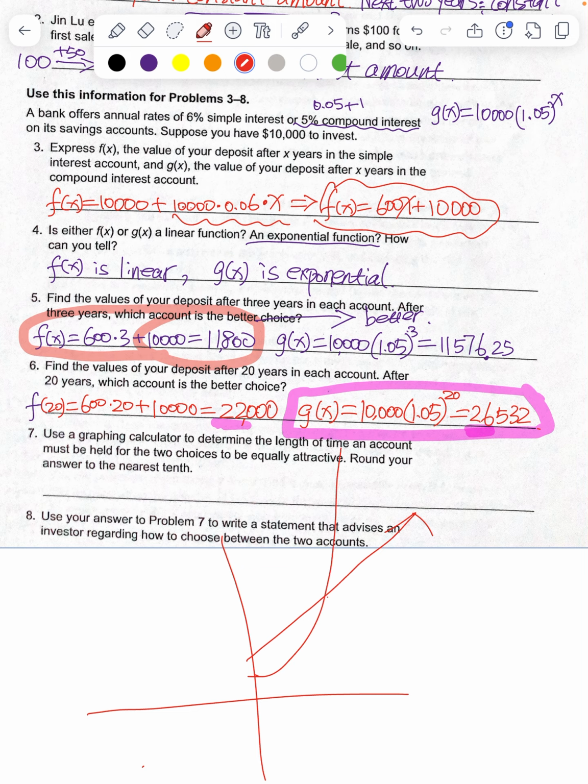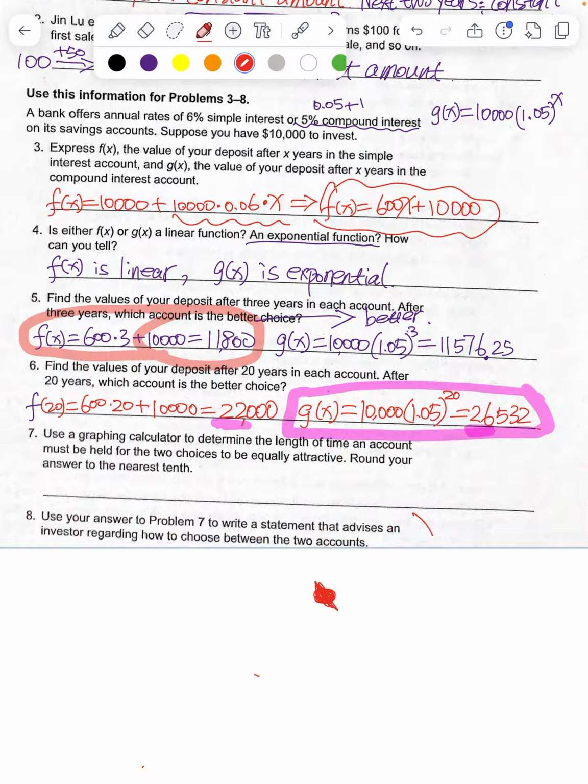And at some year, the amount of money in your bank account is going to be the same, no matter which function. Use a graphing calculator to find the solution. We're not going to do it here. We run out of room.